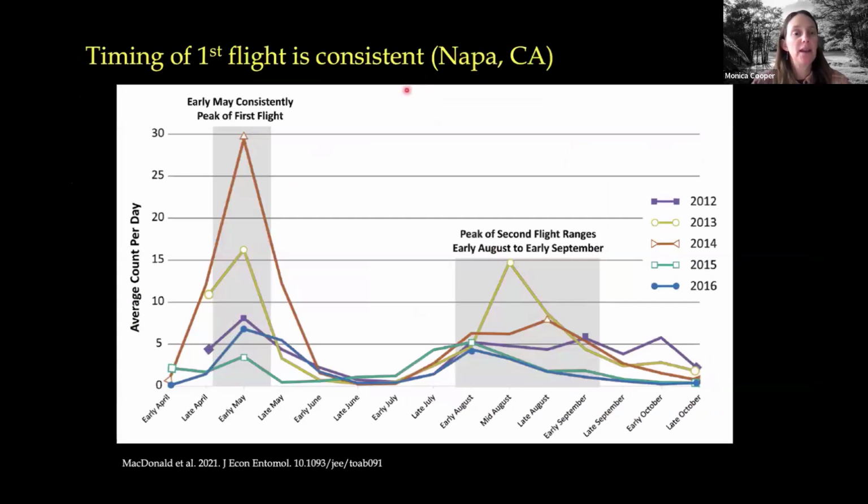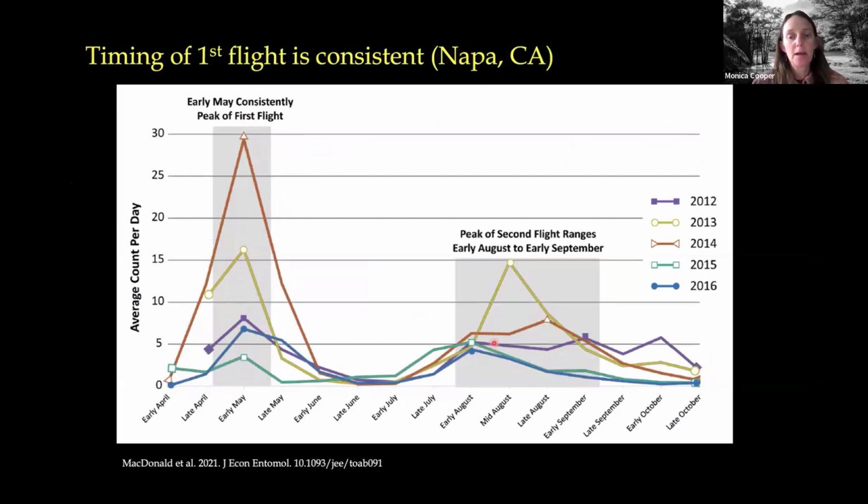Other things we learn is that the timing of the first flight is fairly consistent. So you saw this in the Washington data. We have a very sort of steep peak. And while the number of males that we catch may differ by year, there's a pretty good understanding of, in Napa anyway, that flight happens between late April and late May.